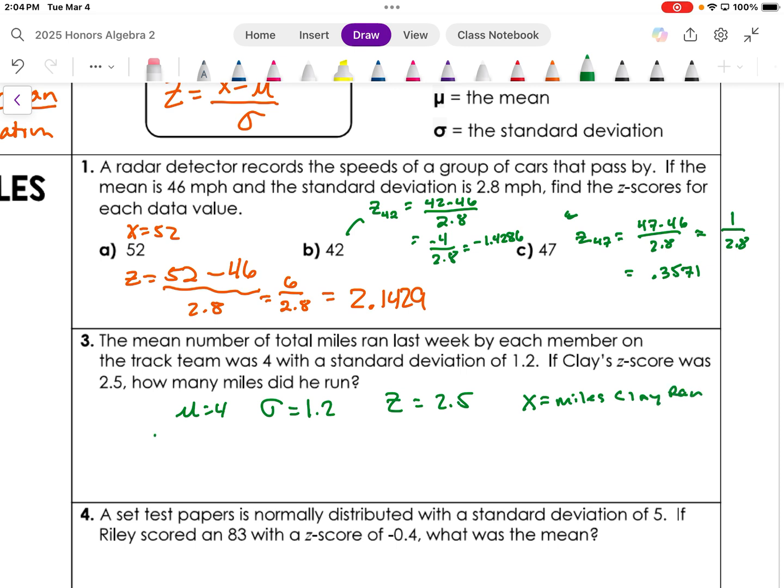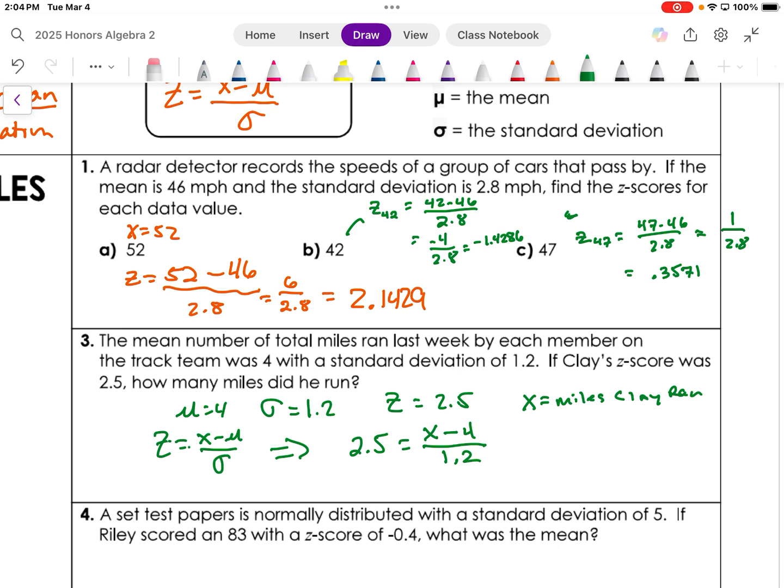So again, with that formula of z is equal to x minus mu over the standard deviation, we're going to change it. I say, well, you know what? 2.5 is equal to the actual amount Clay ran minus the mean of 4 divided by the standard deviation of 1.2. Now, should I be getting an answer bigger than 4 or smaller than 4?